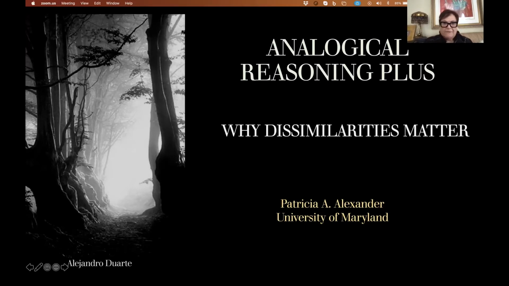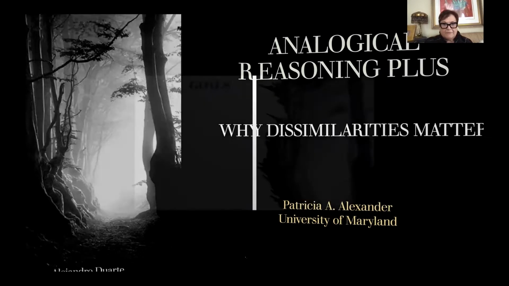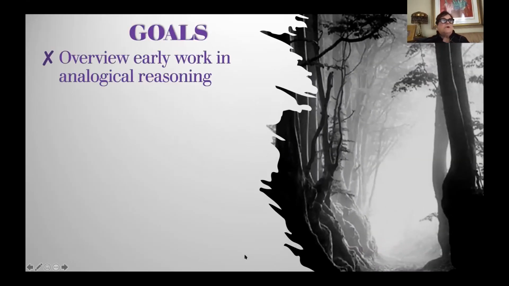So let me go ahead and see if I can get this thing to move forward. There we go. So I have several goals. One of them is, I began my work in the late 1970s and early 80s, very much fascinated by analogical reasoning and its role in children's understanding and literacy development.